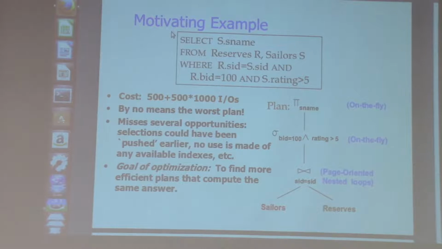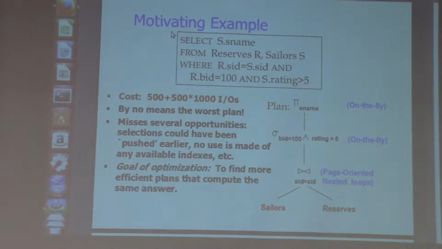And what is the cost of this? For page-oriented nested loop join, for each page of the outer table you need to scan the other table, and by the end of the day you scan the first table once. And you always use the smaller one as the outer. Which one is smaller? This is smaller.